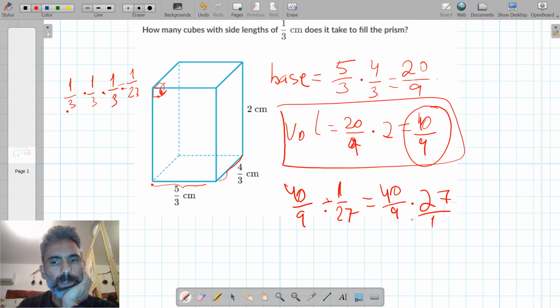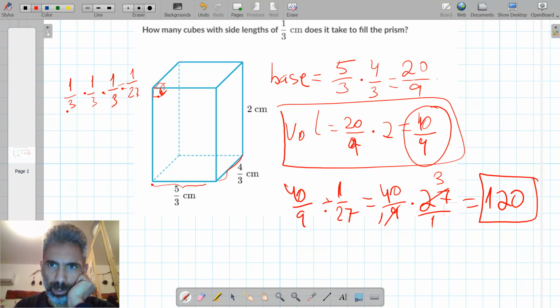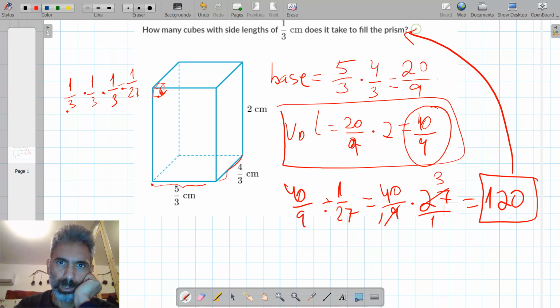We can simplify this because if we divide 9 by 9, we get 1, and 27 divided by 9, we get 3, so it's 40 times 3, which is 120 little cubes. So the answer is we need 120 cubes with side length of 1/3 centimeters to fill the prism.